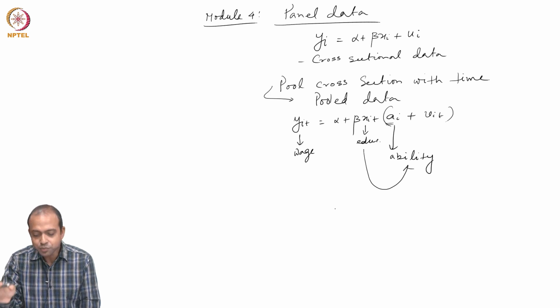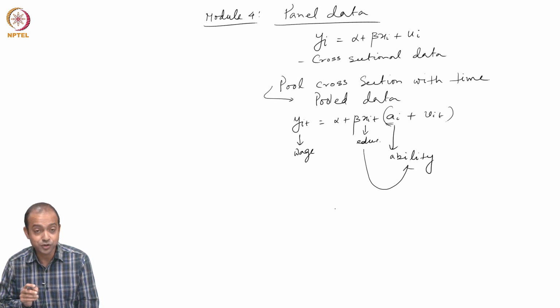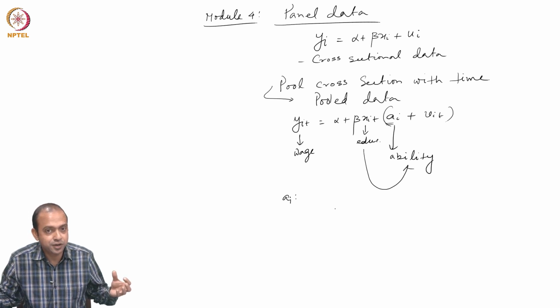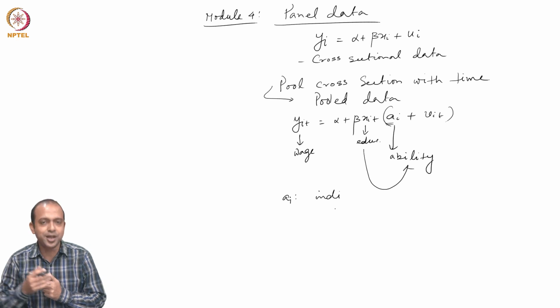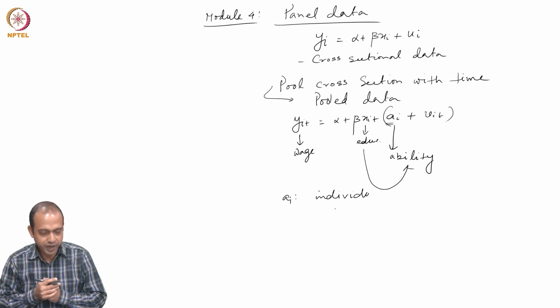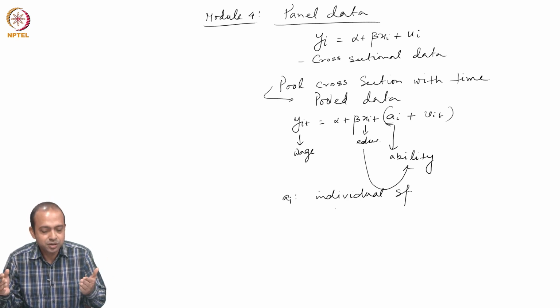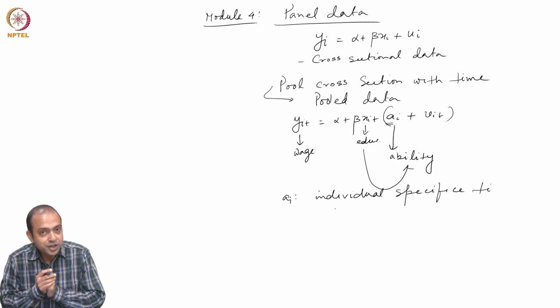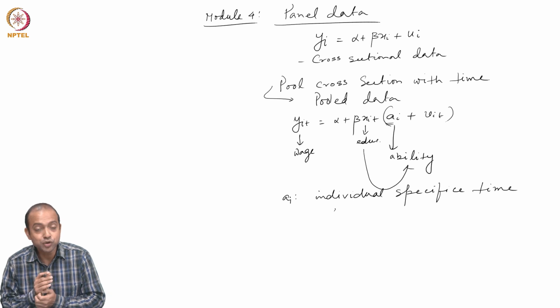So, in the presence of such individual specific time constant factors, like ability, which is very individual specific and does not change over time, right? It does not change. So, that is why if that type of unobserved effects are there in the model, we can actually use this panel data estimation technique.